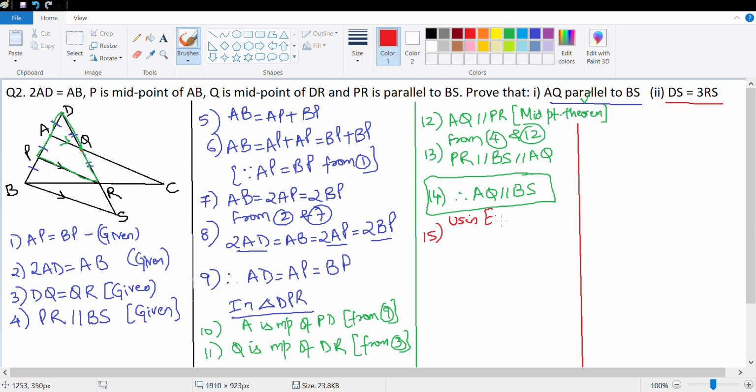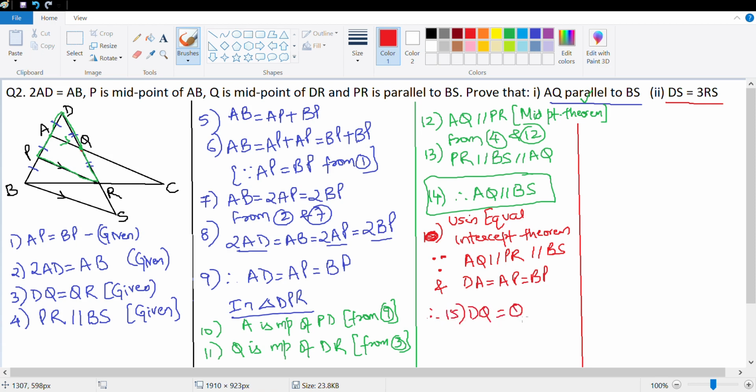So using equal intercept theorem, since AQ parallel to PR parallel to BS and DA is equal to AP is equal to BP, therefore number 15 would be DQ is equal to QR, which is equal to RS.